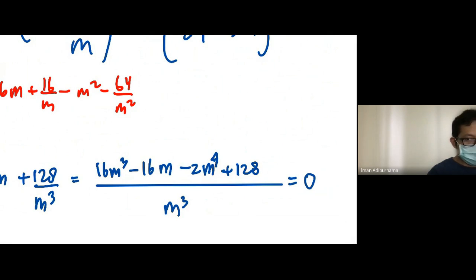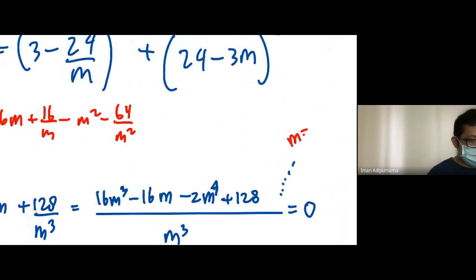And then set it equal to 0. You need to solve this, and eventually you will find that m is actually -2.